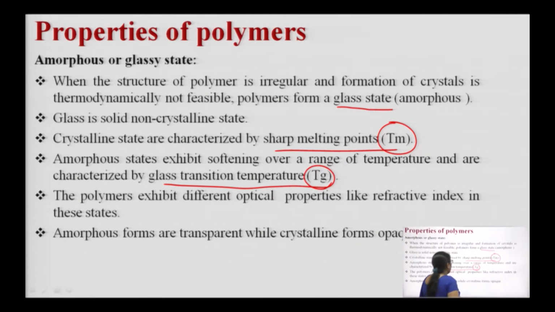Polymers, depending upon whether they are crystalline or amorphous, will also differ in their refractive index. For example, amorphous polymers will be transparent, while crystalline polymers will be opaque. So, this is another property that will influence their applications as well.